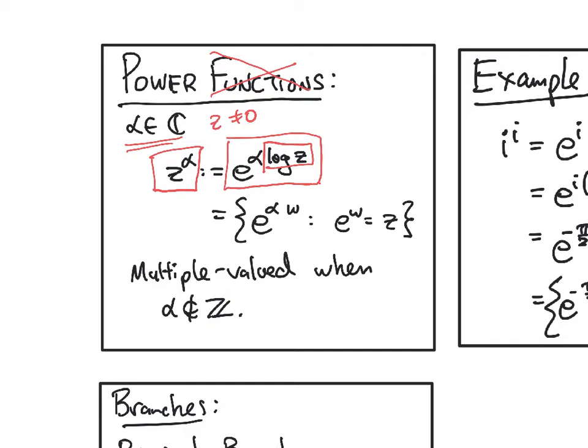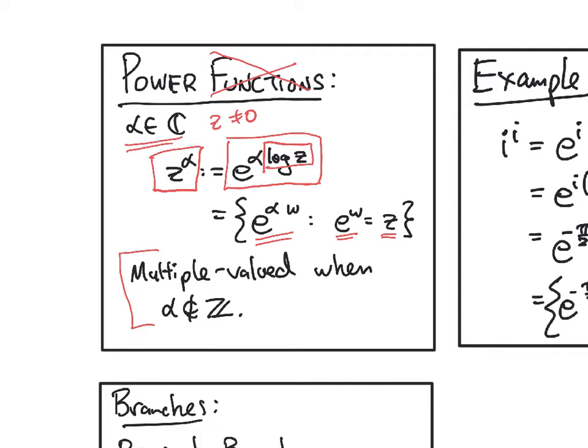So again, this is a set valued object. So it's all values e to the alpha w over all w's such that e to the w equals z.